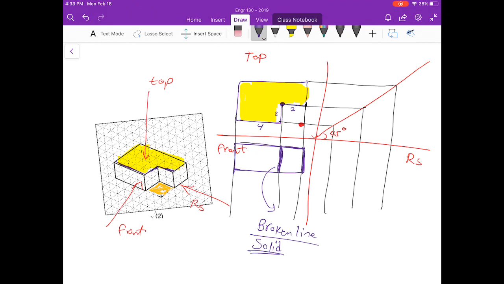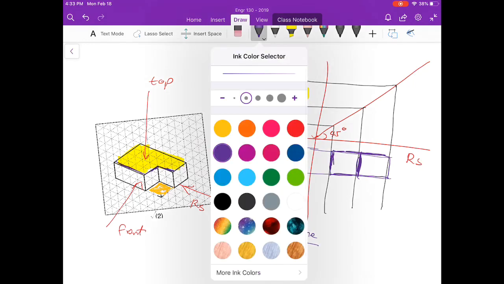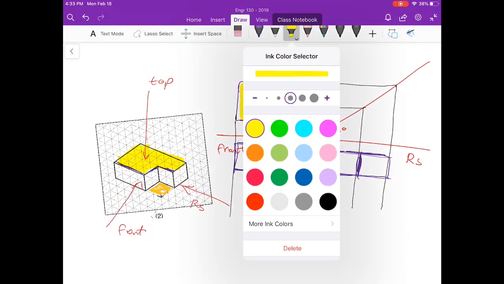So same thing here. This is going to be the front view, and for the right side view you just simply complete the shape. So 2 more guidelines here, and then this would be the right side view. I'm going to highlight them to show you where they are.